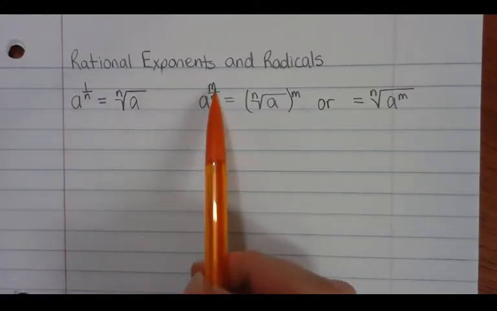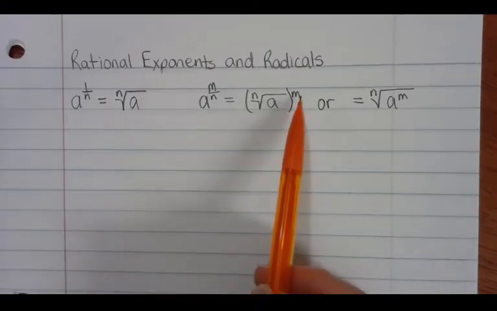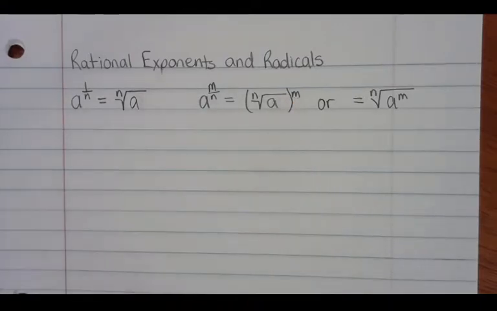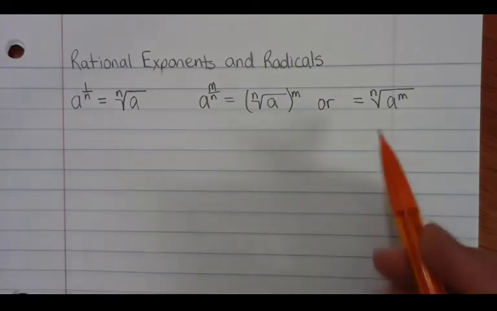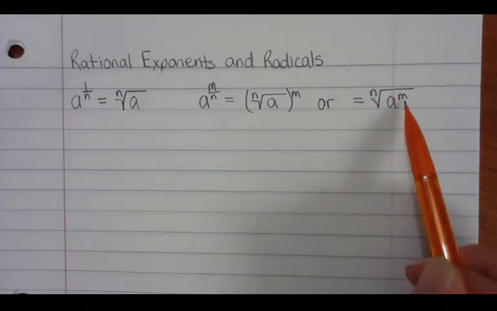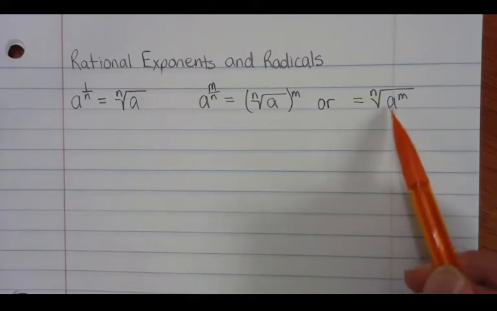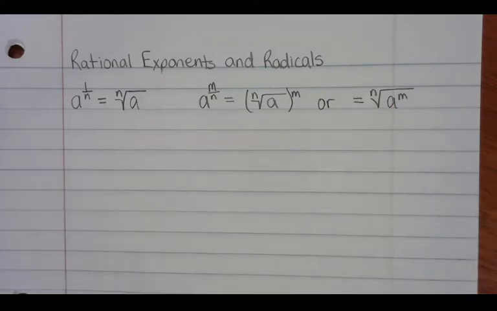So if it's up high in the fractional exponent, it's going to stay up high as an exponent in the radical form. You could also write it, again, with the n as your index number, but where the m is inside the radical on that radicand. They are equivalent. Either way would be fine.